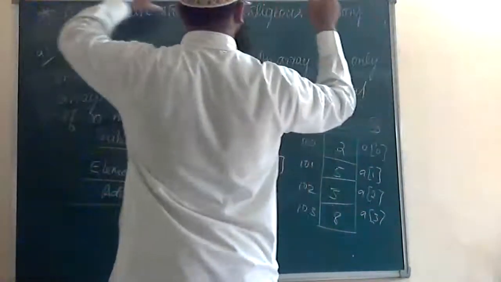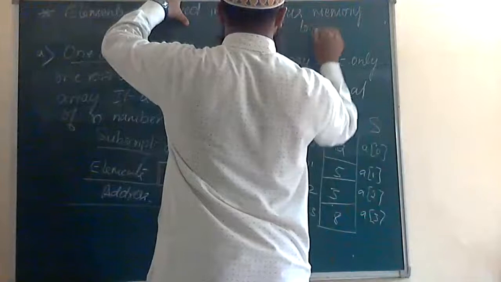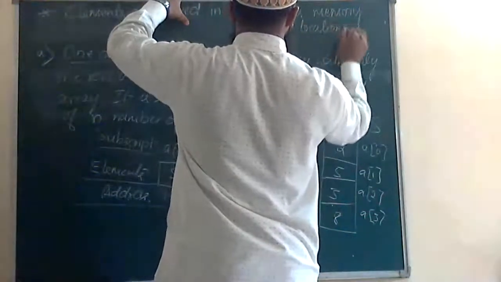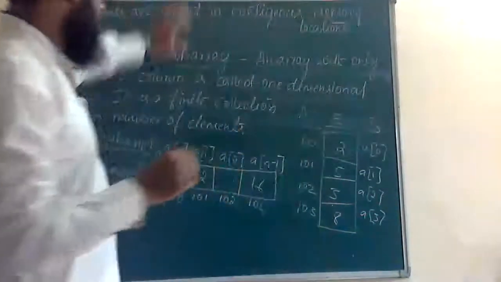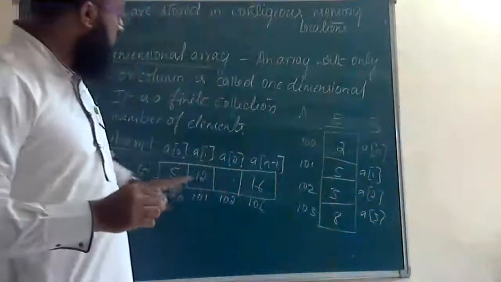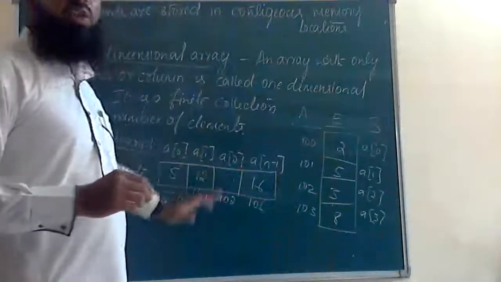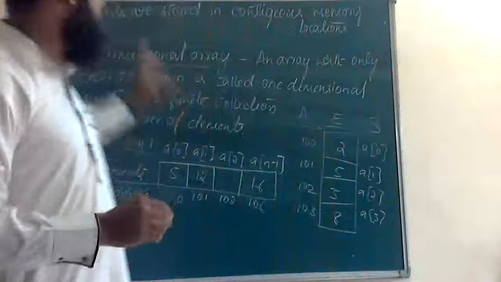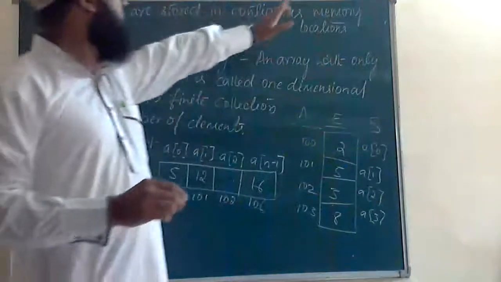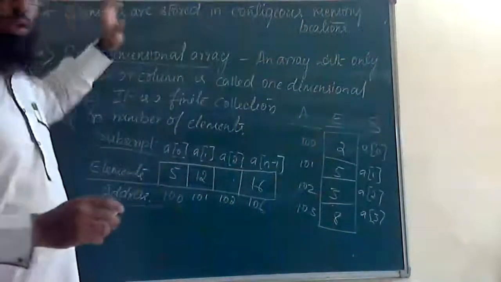This is nothing but the elements must be stored continuously without giving any gap. That is called elements stored in contiguous memory locations.